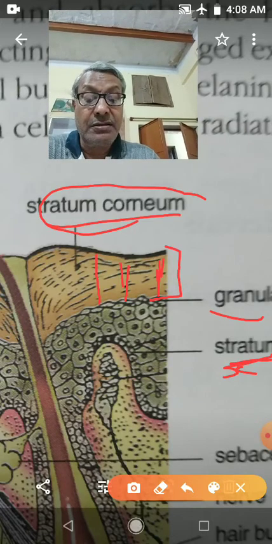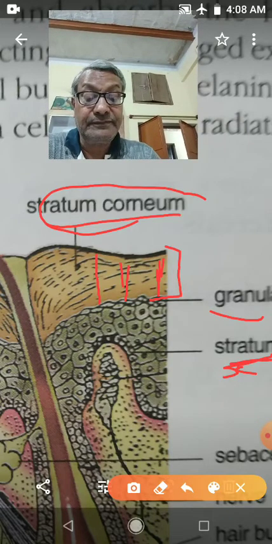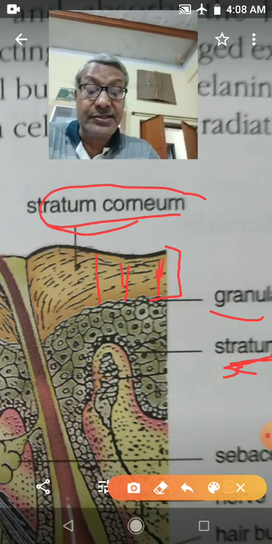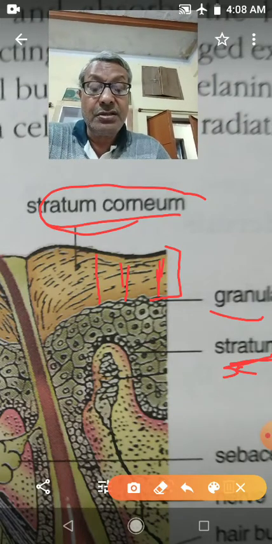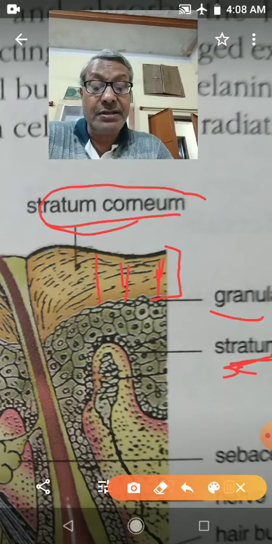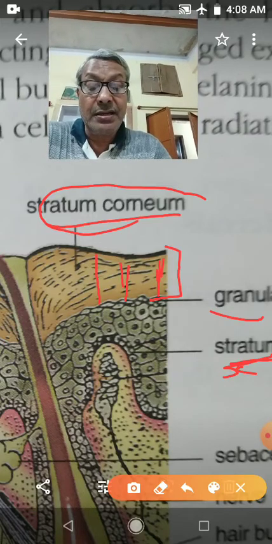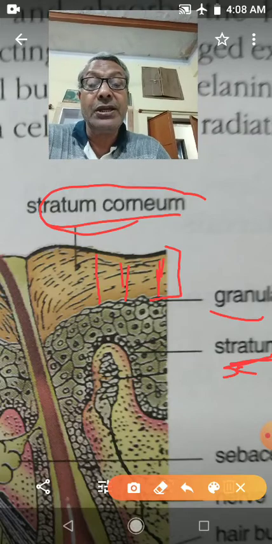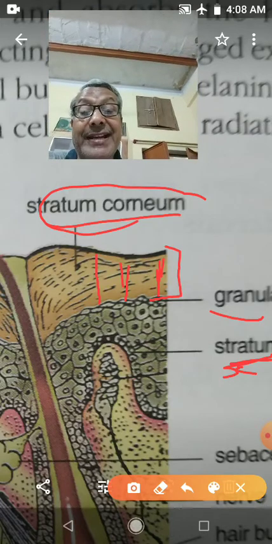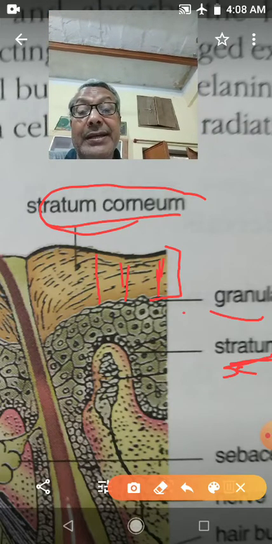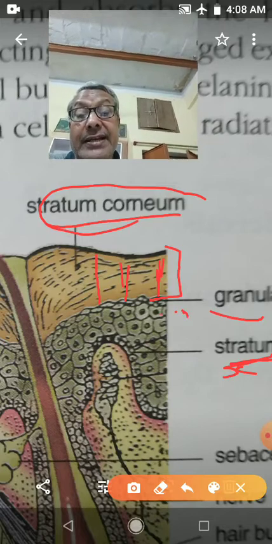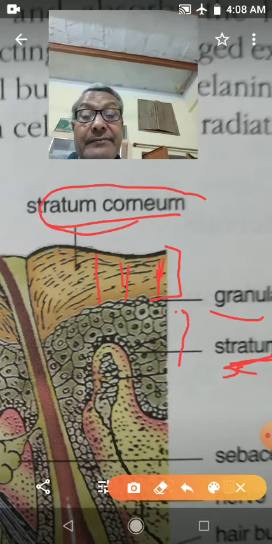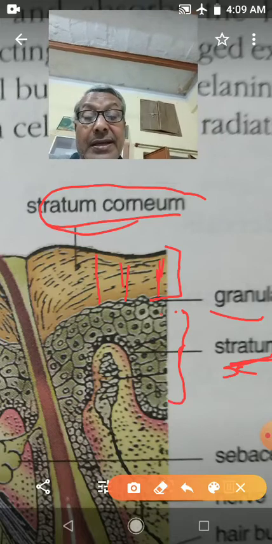This layer is tough and it offers resistance to mechanical damage, bacterial infection, and loss of water by evaporation. Now the second layer is the granular layer.